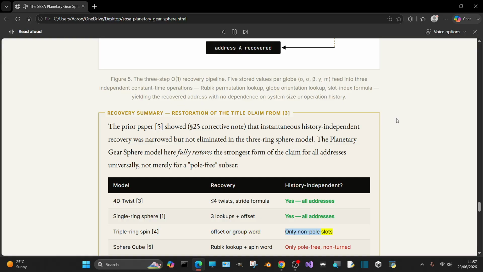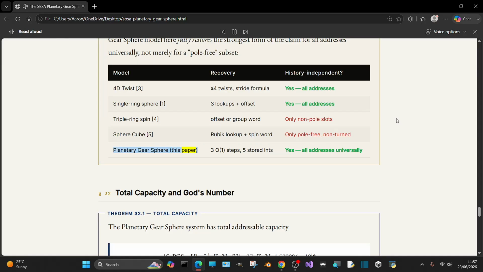Only non-pole slots. Sphere cube, 5: Rubik lookup plus spin word. Only pole-free, non-turned. Planetary gear sphere, this paper: yes, all addresses universally.